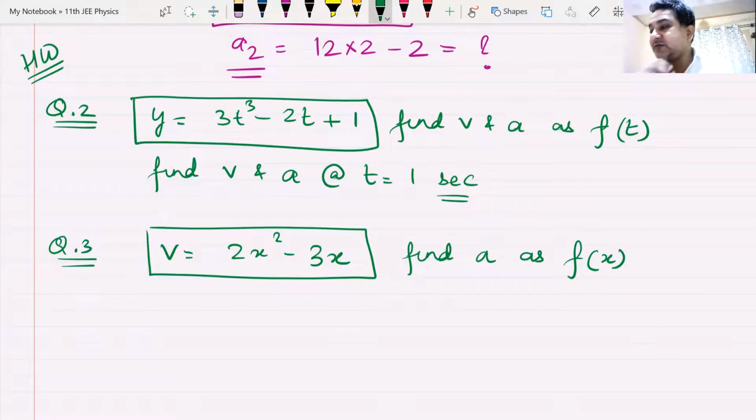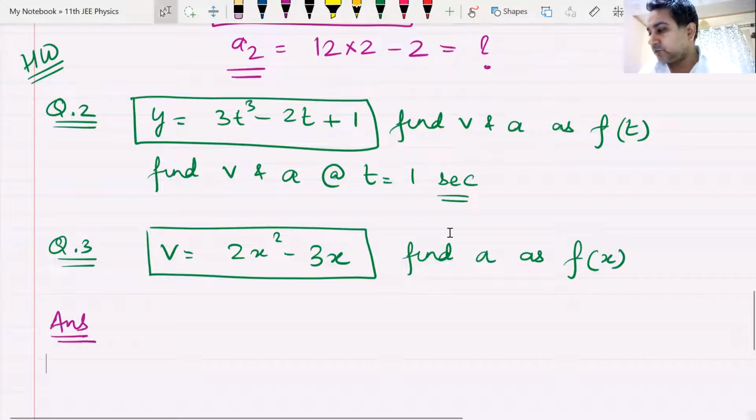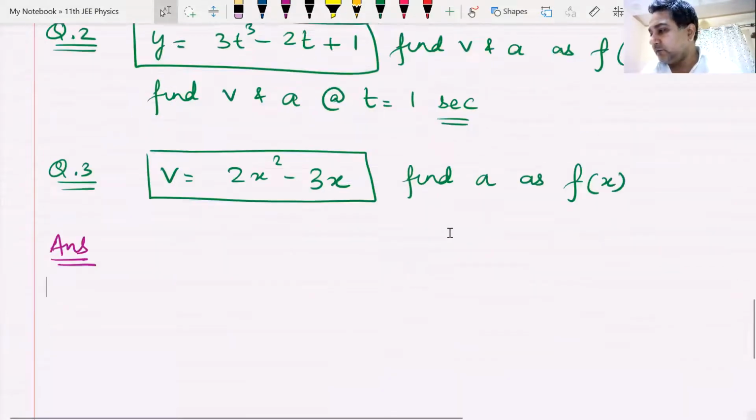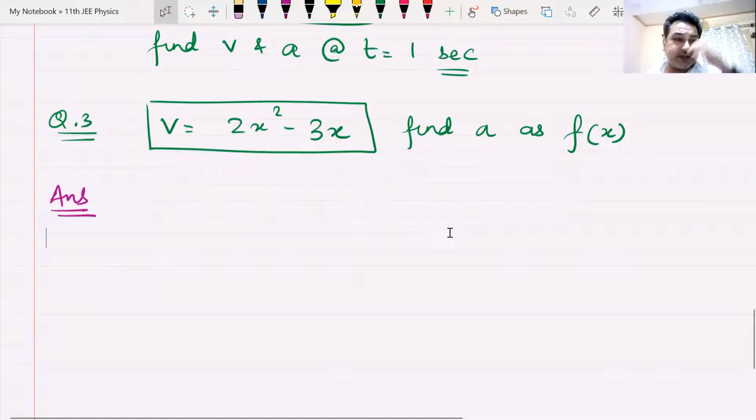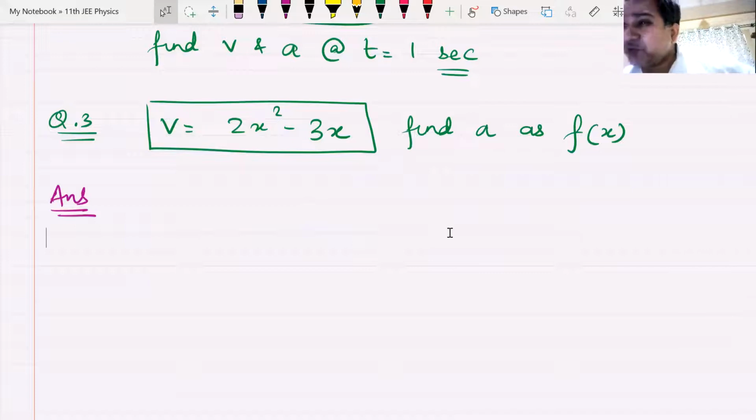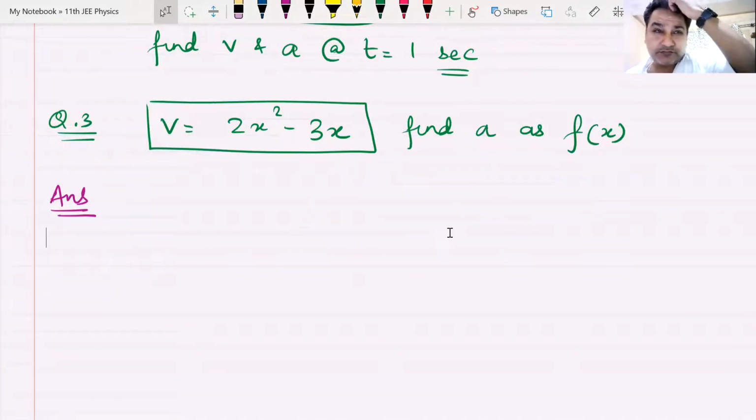I'm waiting for your answers. Anyone could give me the answer for this one, I would be very pleased. Anyone? Shall I do this for you?